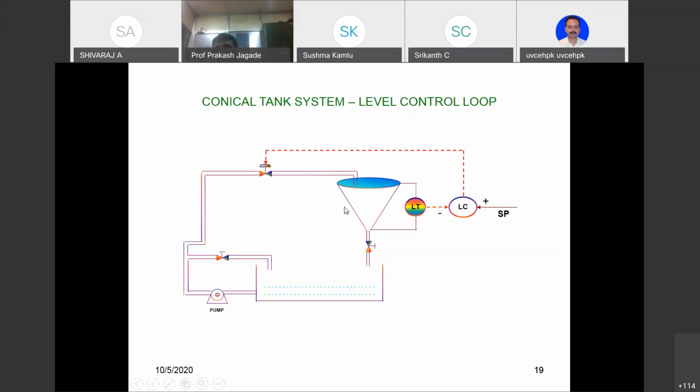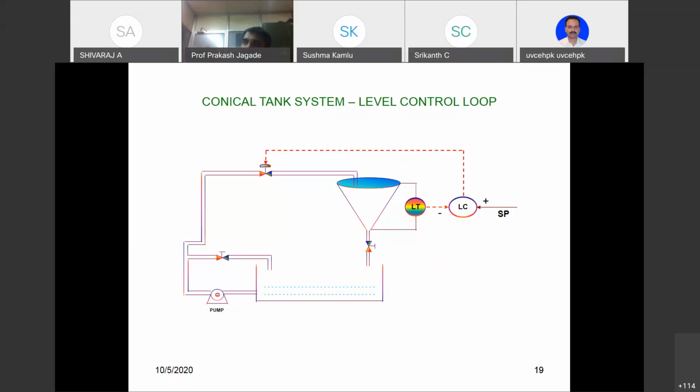For example, if the water level is 10%, you will get one value of time constant. If it is at 50%, you will get another value. If you're close to 100%, that is 95 or 90%, you will get a different time constant, because the area of the tank is not constant. Since the area of the tank is not constant, you have to design and implement an adaptive PID controller, not a non-adaptive controller.